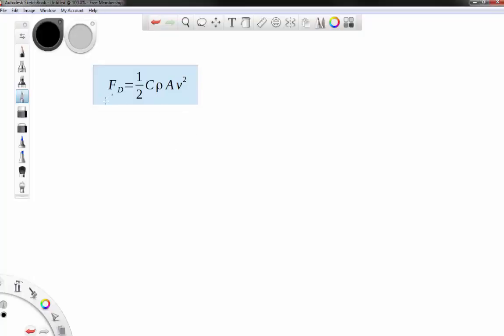So this one right here, again, that's in newtons, which is the same thing as kilograms meter per second squared. So if we want to find the units of C, we would do C has units of F_D over rho A V squared. So we could do it as proportional to this, for example.